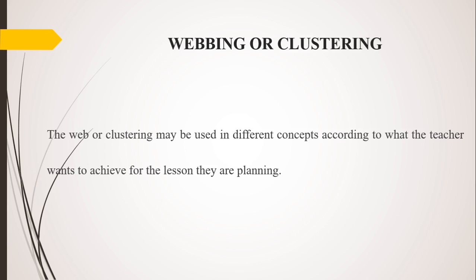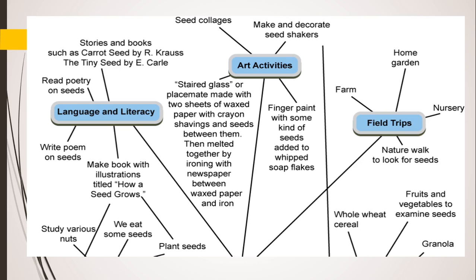Okay, let's look at webbing or clustering. Webbing or clustering may be used in different concepts according to what the teacher wants to achieve for the lesson they are planning. So you can see language and literacy, art activities and field trips. If it is field trips: farm, home garden, nursery, nature walk to look for seeds. If it is art activities: seed collages, decorate seed shakers, fingerprint with some kinds of seed.